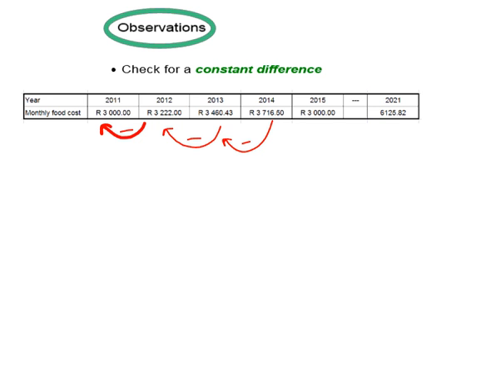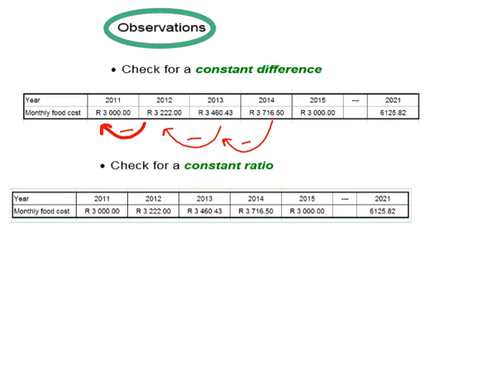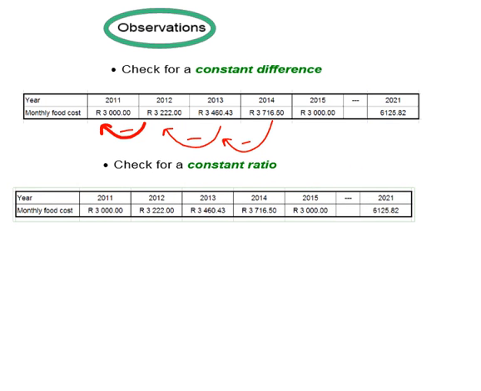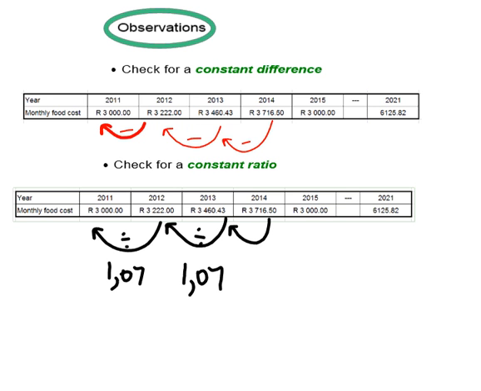So there wasn't a constant difference. But if I take this and I say that divided by that, it was 1.07. If I said that divided by that, it was 1.07. That divided by that was 1.07.